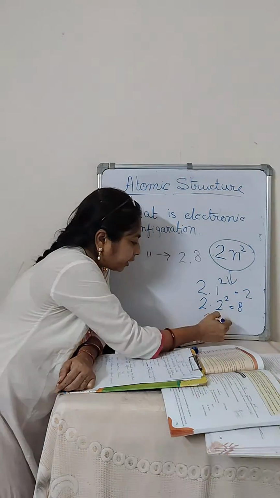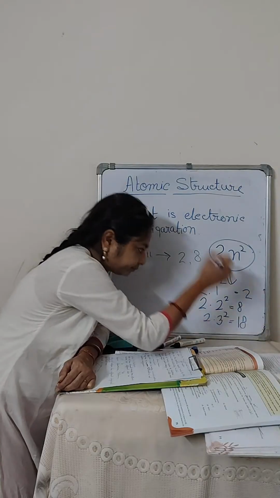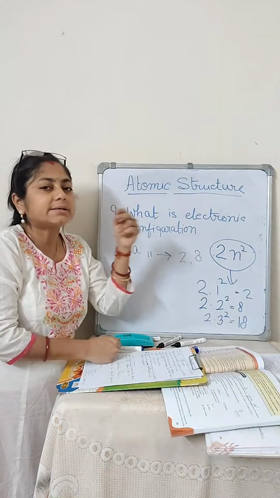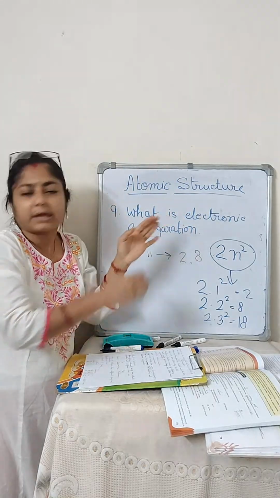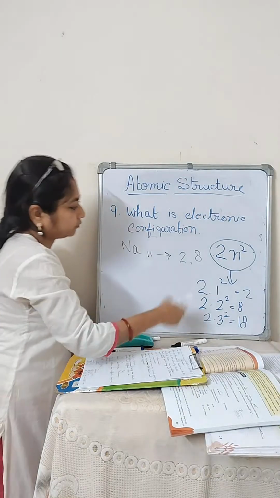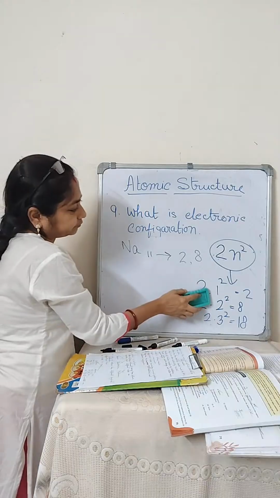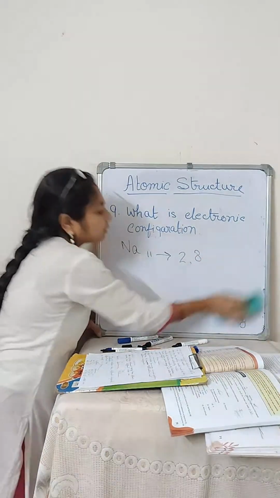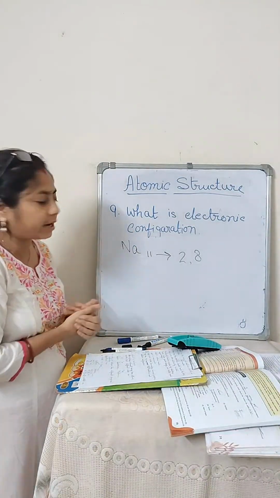Next, 2 into 3 square is 18. That means the first shell K has 2, second has 8, third has 18. Accordingly the electrons are present. Now, our total protons are 11, means total electrons are also 11.